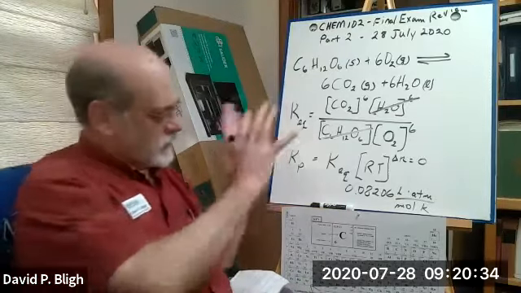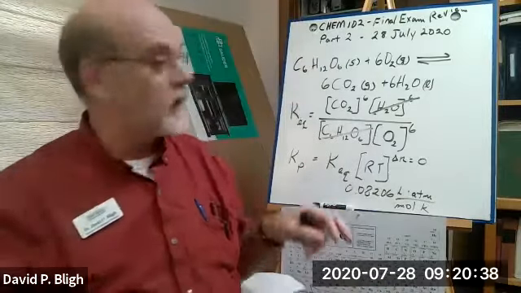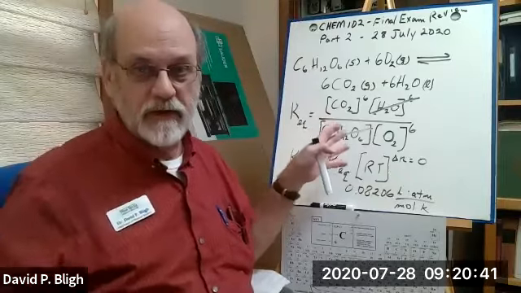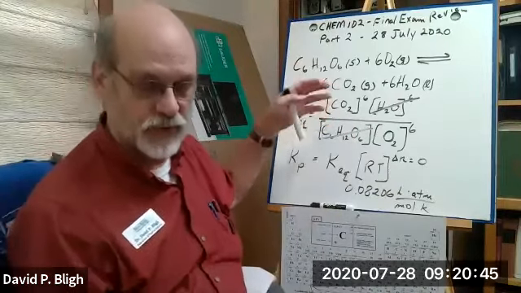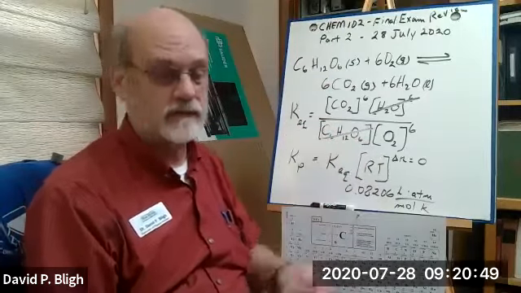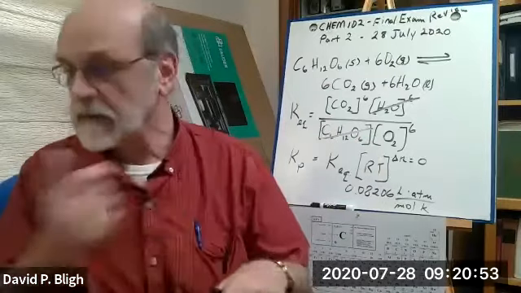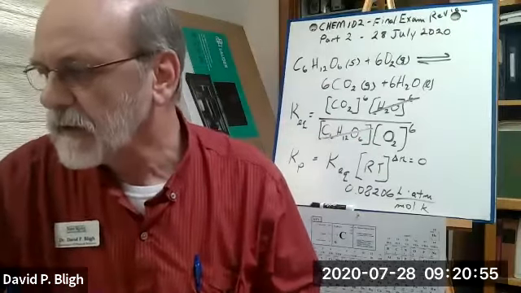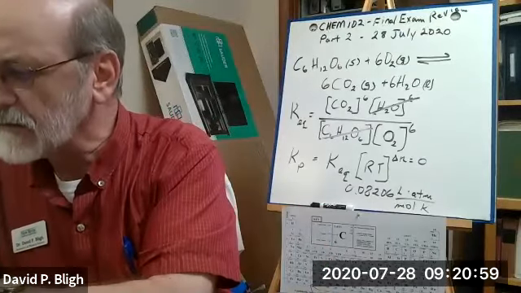Okay, so that's sort of a bird's eye view of equilibrium and a reminder of the rules and how to produce an equilibrium expression for a balanced equation. All right. So let me see what's next on the agenda.